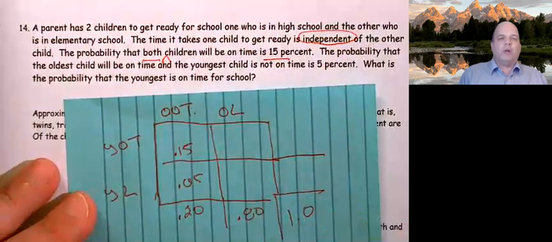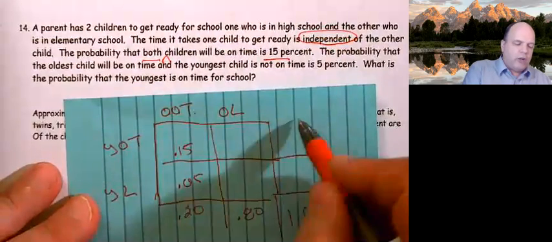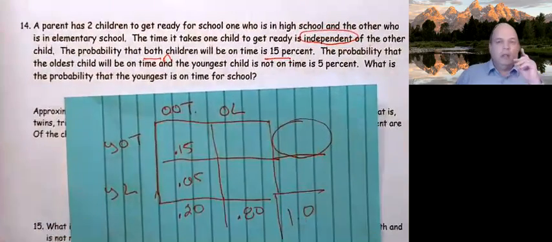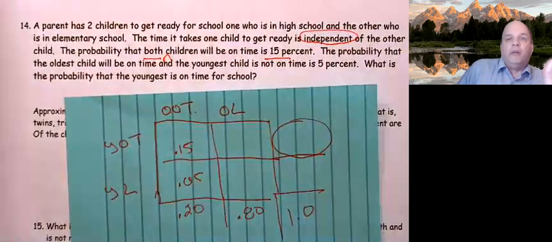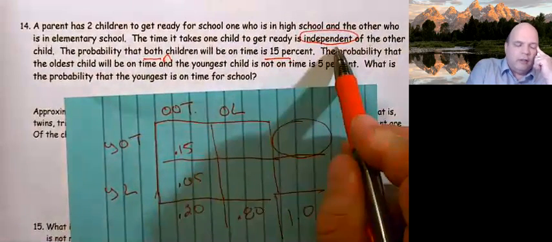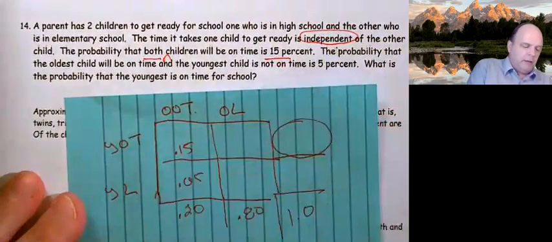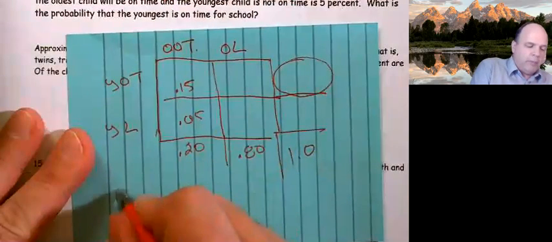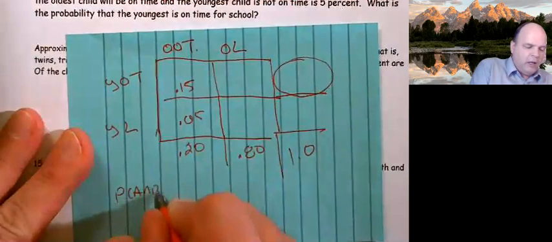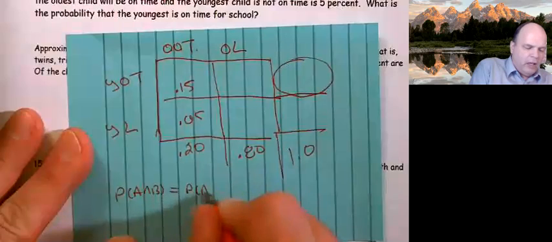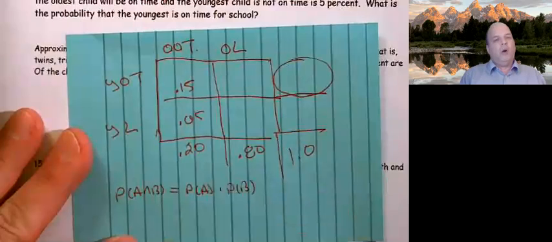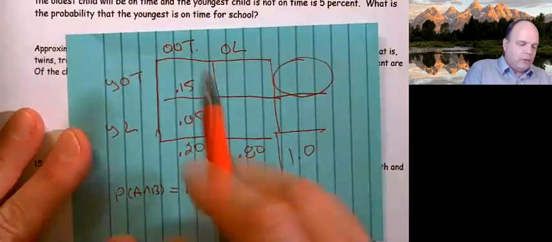What did they ask me for? What is the probability the youngest child is on time? This is what I'm looking for. I don't really have any other information except for the fact that I know that it's independent. And because it's independent, I go, wait a second, I do know something about that. The probability of A and B equals the probability of A times the probability of B. Okay, so what do I have?